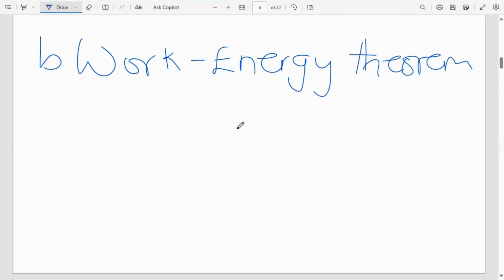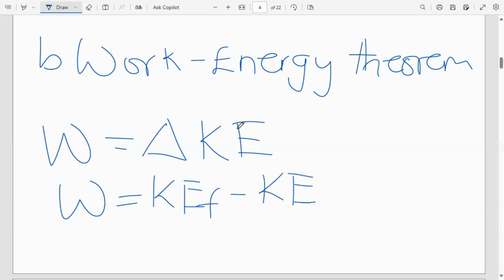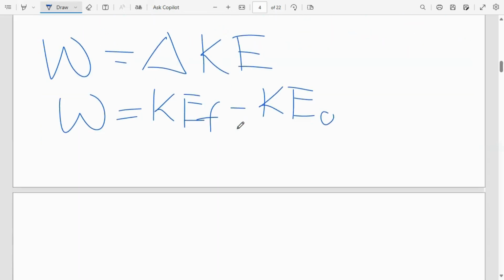And with the work energy principle, it's to say the work done is equal to what? It is equal to the change in kinetic energy, which gives us the work done is equal to final kinetic energy, KE final, minus initial kinetic energy, KE initial. So you can put an I or a zero there. It's one and the same thing.